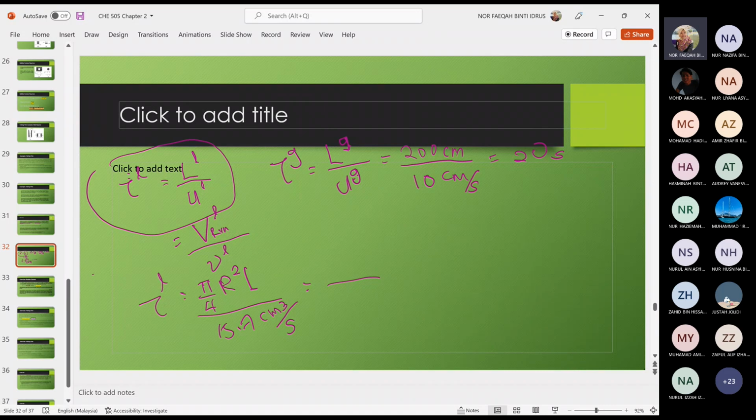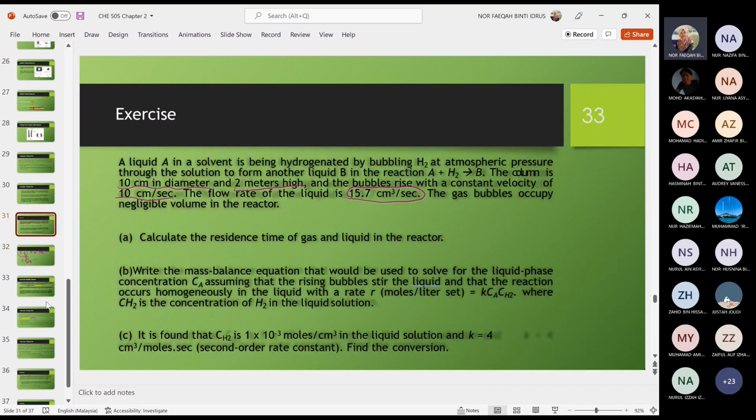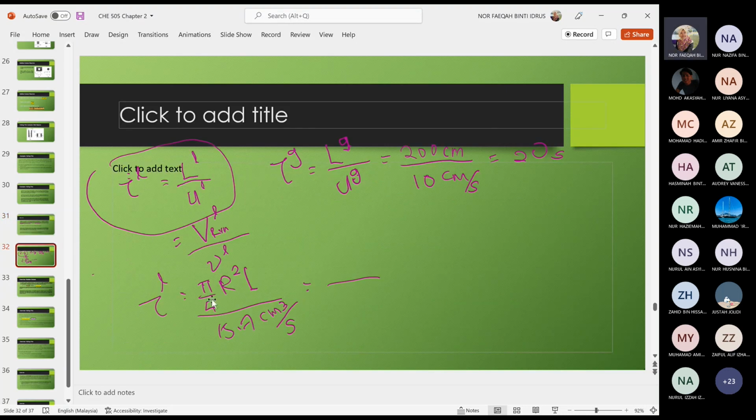So for the liquid phase, was the radius given? I think it gives a 10 cm diameter. So R is 5 cm. So just substitute. Pi over 4 multiplied by 5 squared multiplied by the length, which is 200.